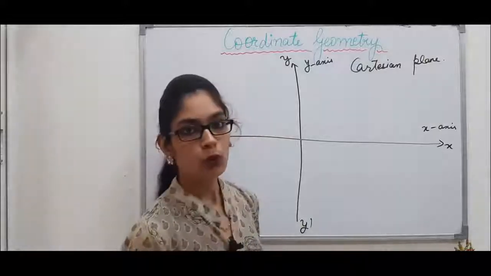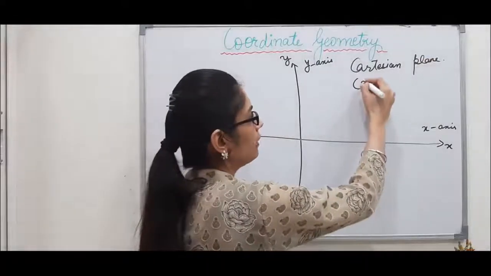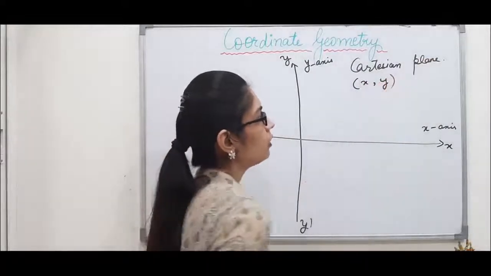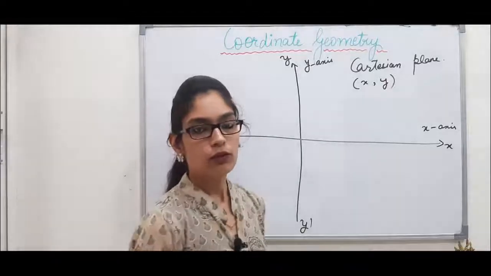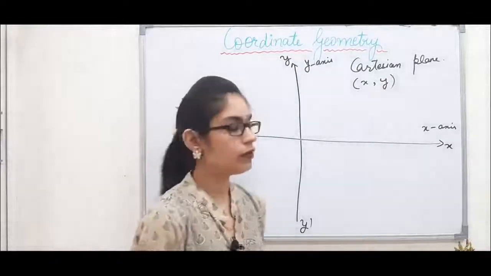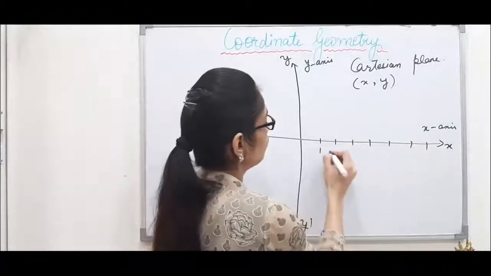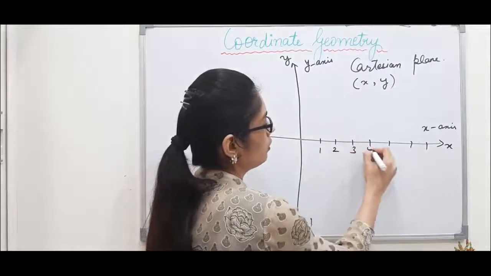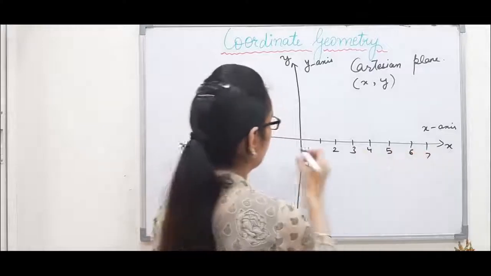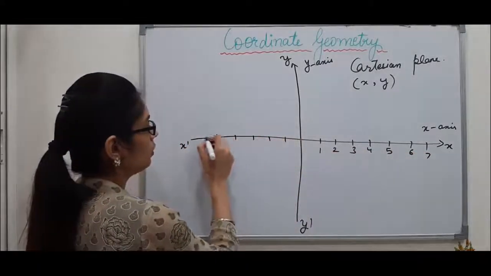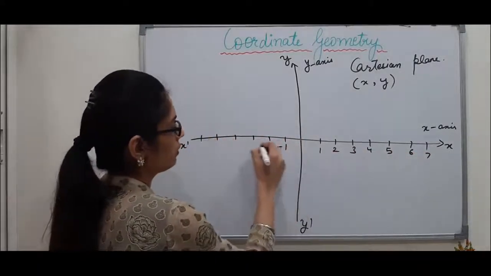You will have two coordinates, x and y. You will have different values of x and different values of y. Here on this axis you will have values of x. Here also you have values of x.